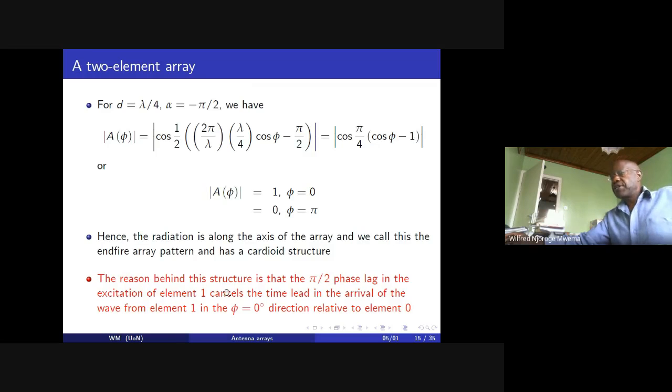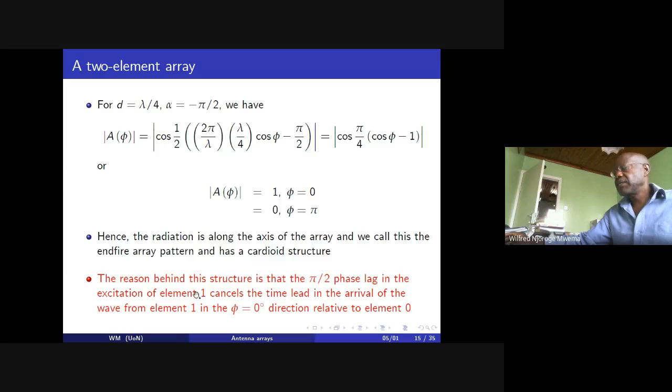The reason behind this kind of structure is because the pi/2 phase lag in the excitation of element 1 will cancel the time lead in the arrival of the waveform from element 1 in the theta equal to 0 degrees direction relative to element 0. What does that mean?